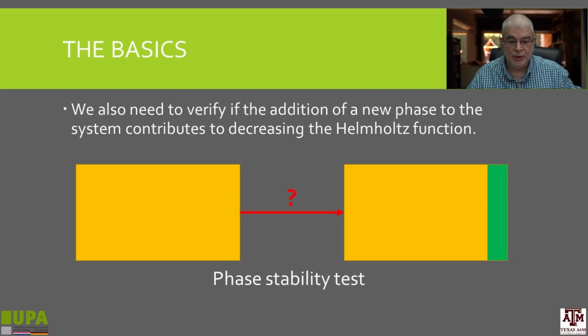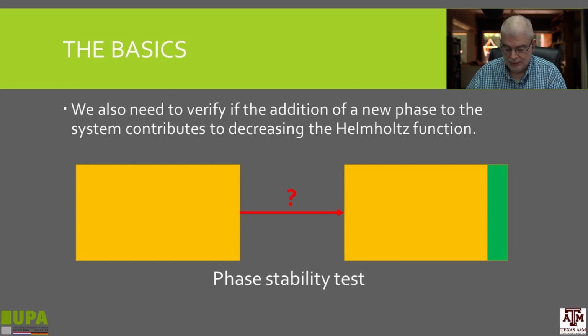So the problem is whether I can start with a one-phase system and then split it into a yellow phase and a small amount of a green phase, but conserving the volume. So I now have a constraint that the volume of the original system and of the system after partition have to be the same.